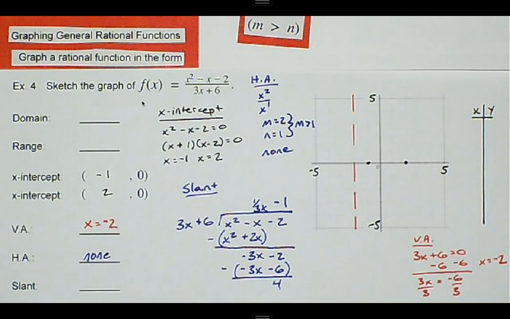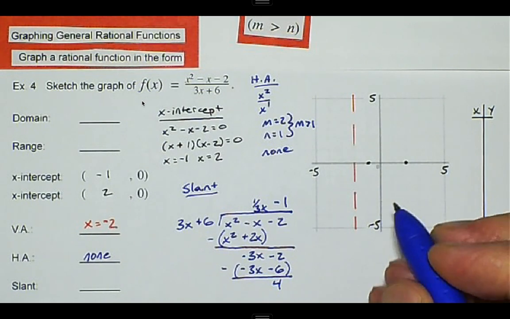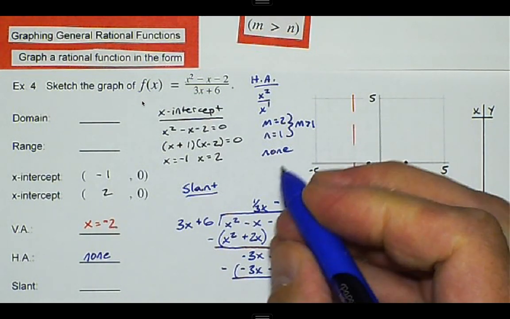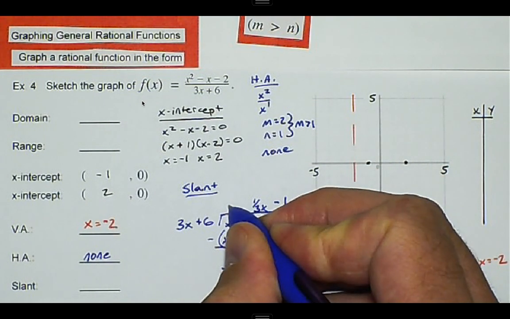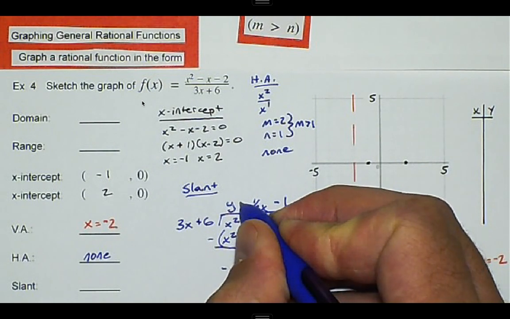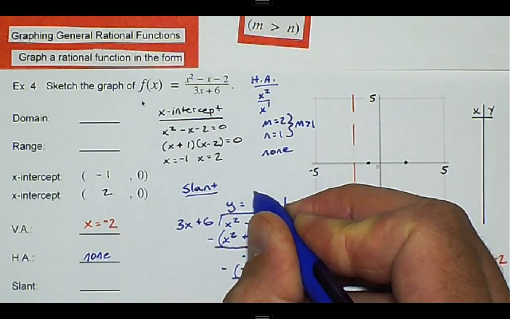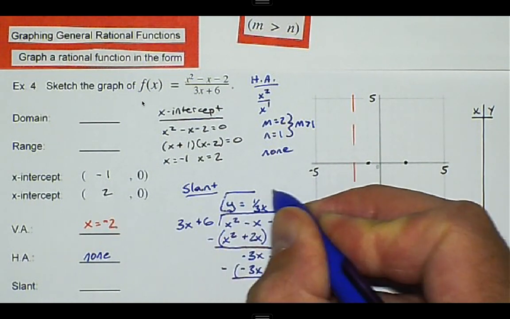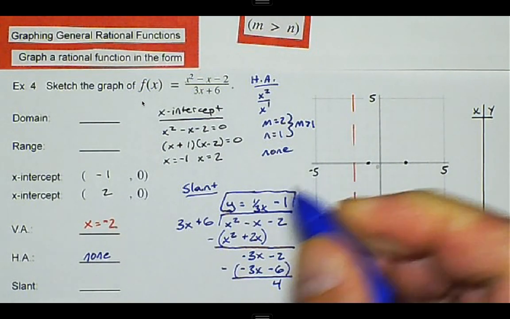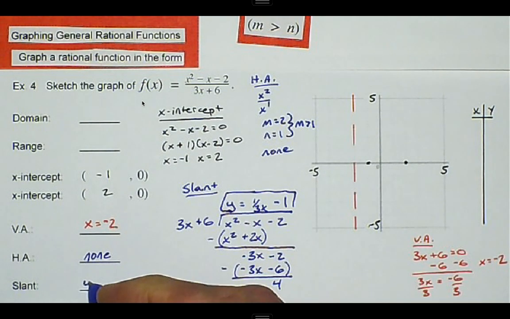as the remainder. And so what ends up happening is our slant asymptote is what we have left up here. So in this case, it's going to be y equals 1/3 x minus 1. So our slant asymptote will be y equals 1/3 x minus 1.